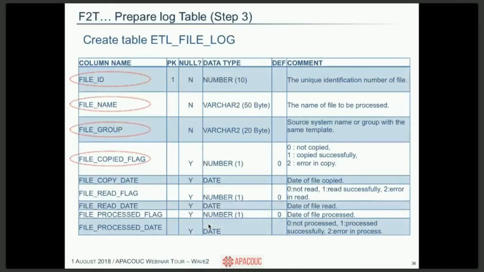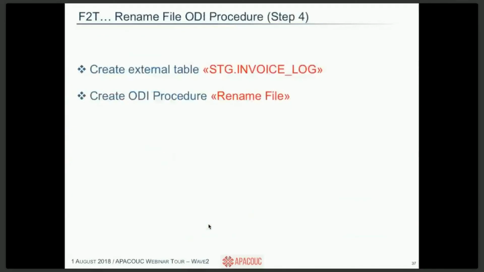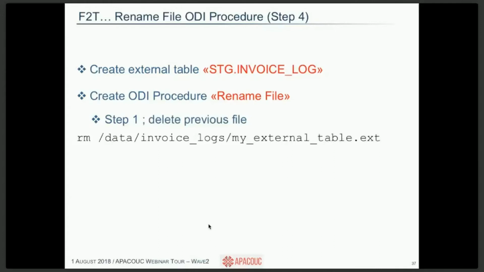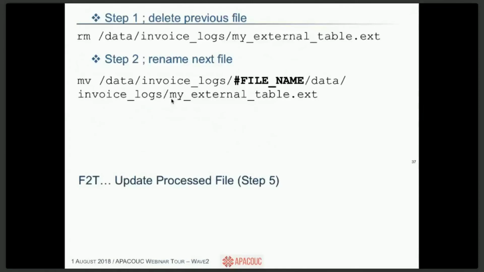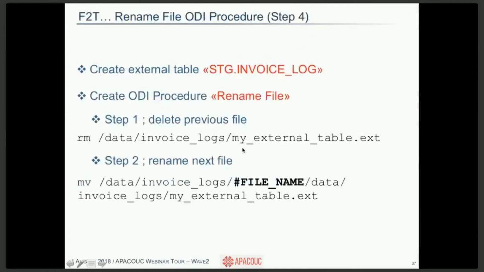And let's look at the procedure. It's only renaming a file. First, delete the previous file in the operating system. See, this is the remove of my external table data file, and move the current file name.